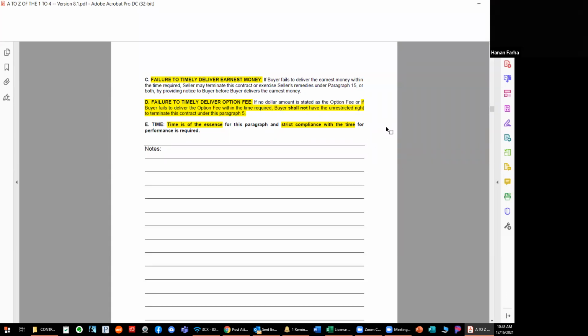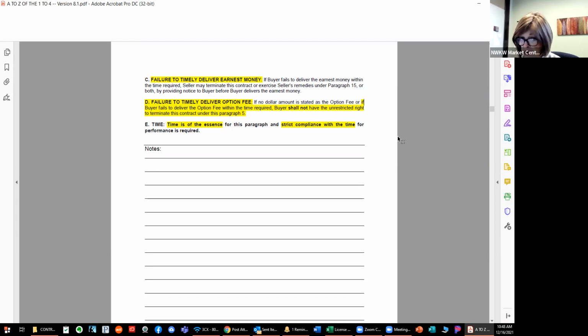Do you mean, I'm sorry? Do you mean the buyer doesn't continue and doesn't lose the option fee? They will lose the option fee regardless. They're going to lose the option fee, but they might be able to get earnest money back.